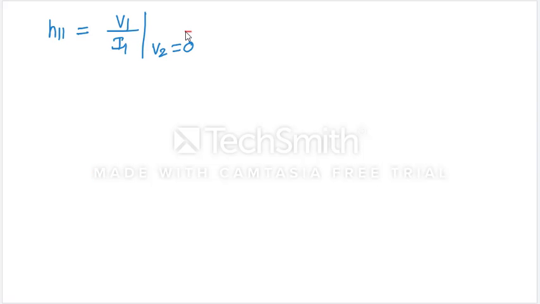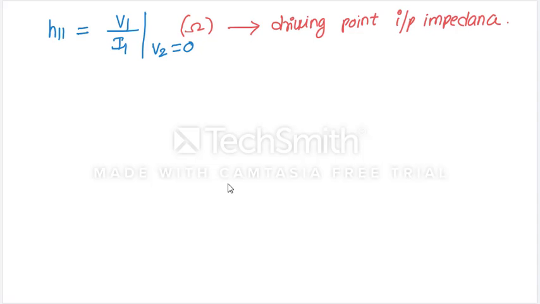The units are ohms. Since it is at the same port, we call it the driving point input impedance.